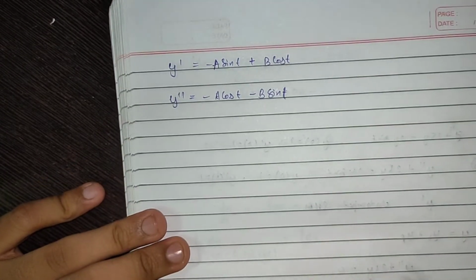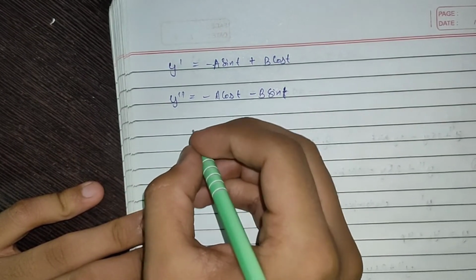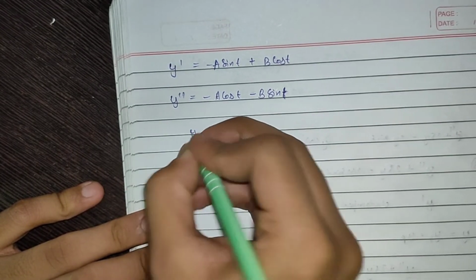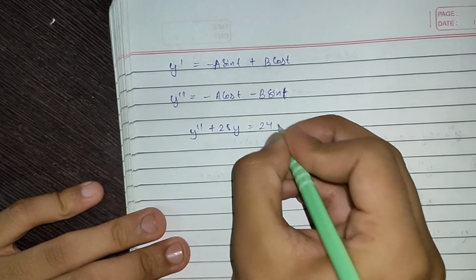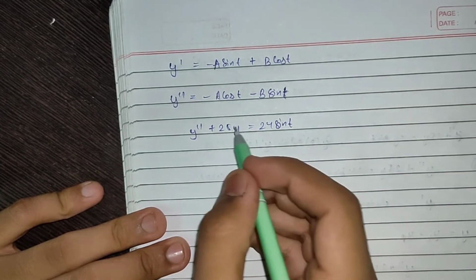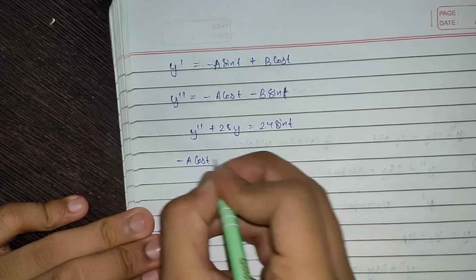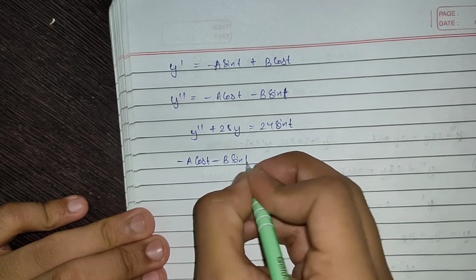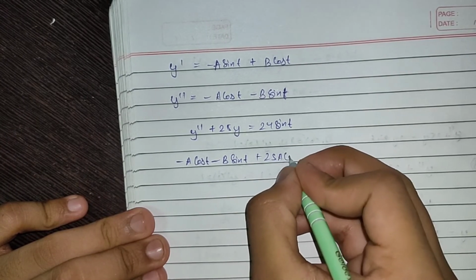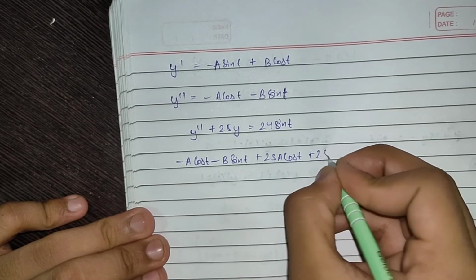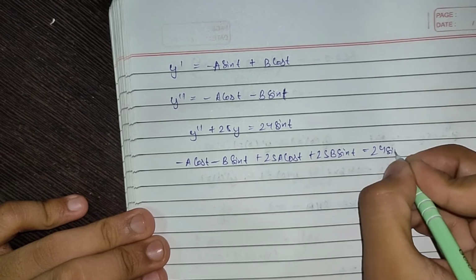So let's put this y double dash and y in our parent equation, which is y double dash plus 25y is equal to 24 sin t. We'll get minus a cos t minus b sin t plus 25a cos t plus 25b sin t is equal to 24 sin t.